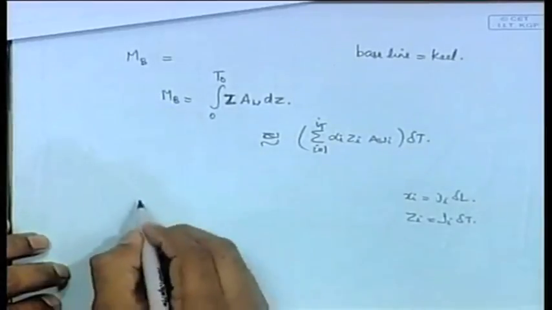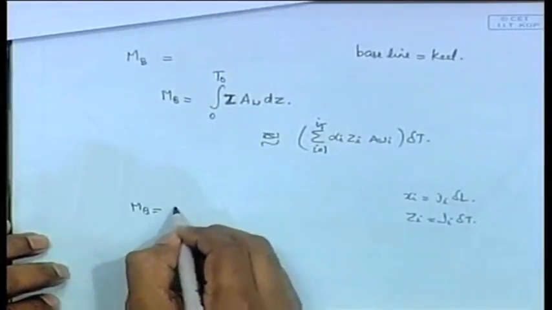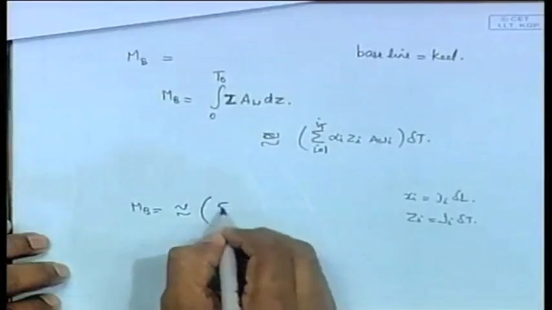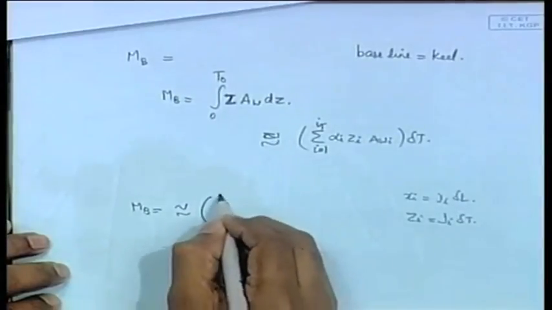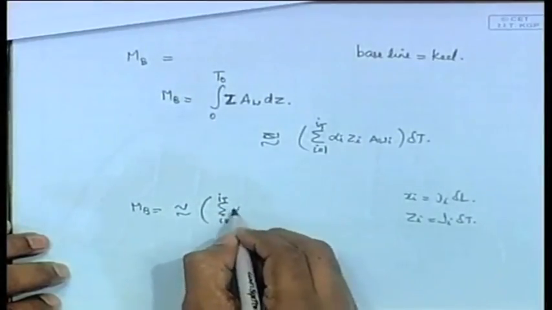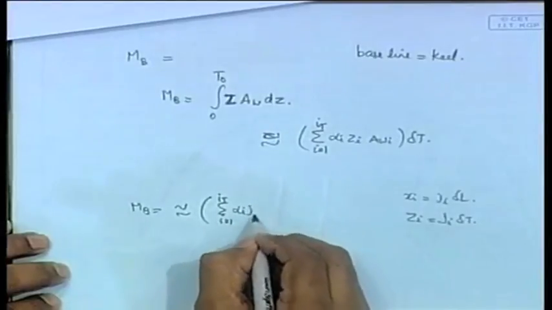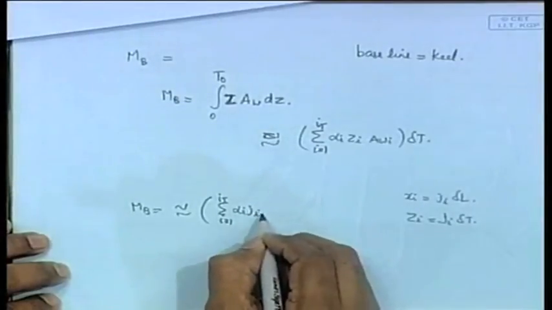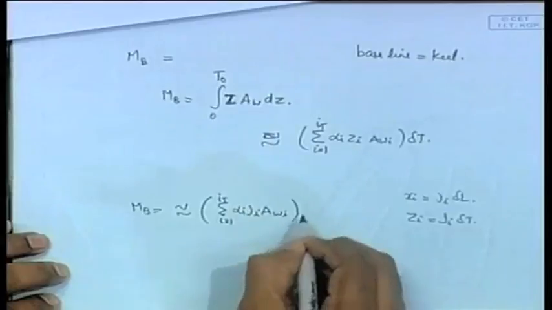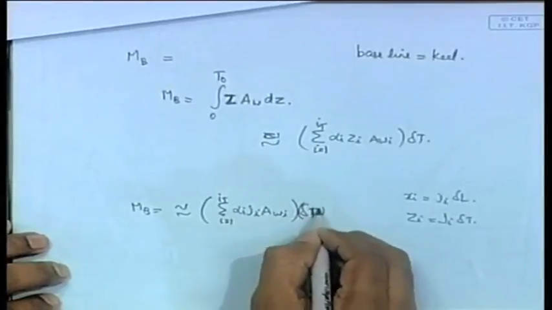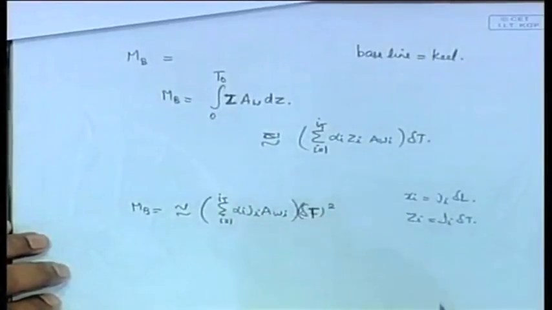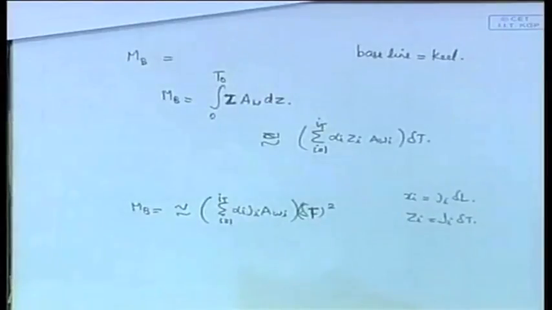So, MB can be written as sigma alpha i j i AW i into delta T squared. So, you can write it like this as well.